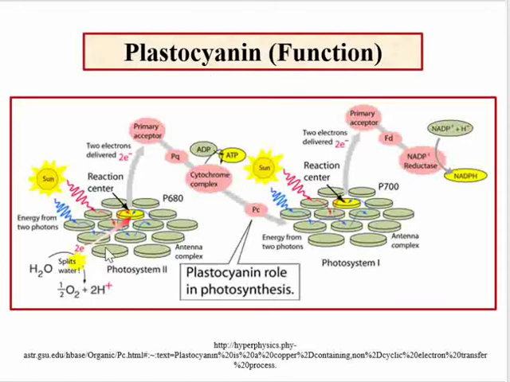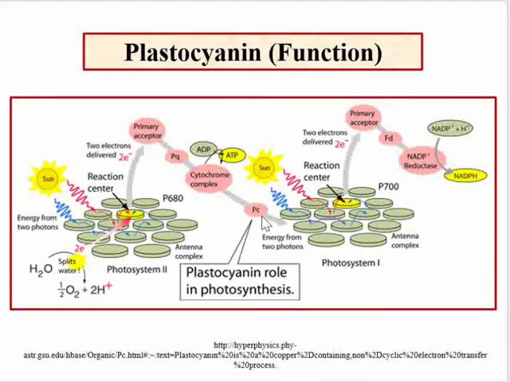This is photosystem 2, which we had already studied, and this is photosystem 1. And you have seen that in the non-cyclic electron transfer process, the electrons from photosystem 2 transfer to some acceptor, and through this to the cytochrome complex, and through this they are transferred to photosystem 1.